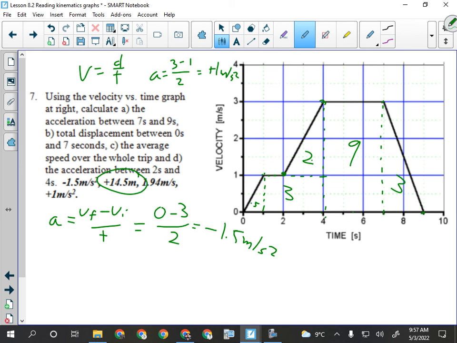Let me give you an idea how I might ask stuff about this question. Certainly I might ask you to do something similar to what you did here. Here's something else I often do, and it's a 1-mark question. I might say on a test, what is the acceleration between 4 and 7 seconds?